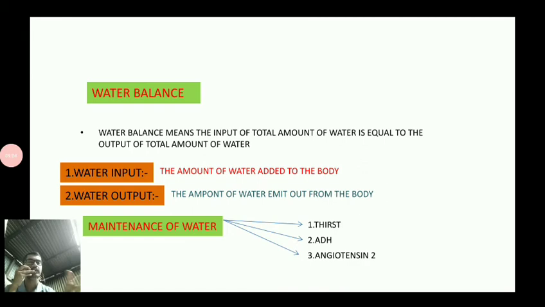Suppose one day you take 5 liters of water and suppose somehow you do an excessive amount of exercise. At that time your body will go into a dehydrated situation.